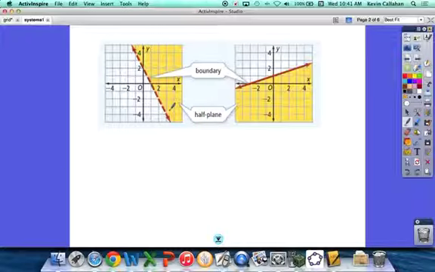And you can see the difference between the one on the left and the one on the right is one of them has a dashed line and one of them has a solid line, which we'll talk about in a minute. But only one side of that line is shaded, meaning it is part of the solution. Only one side of the line is shaded.